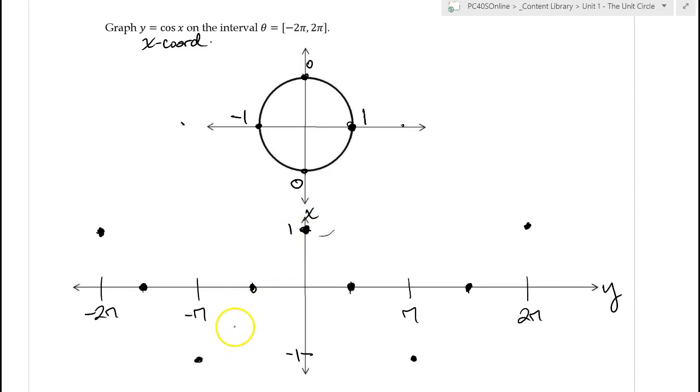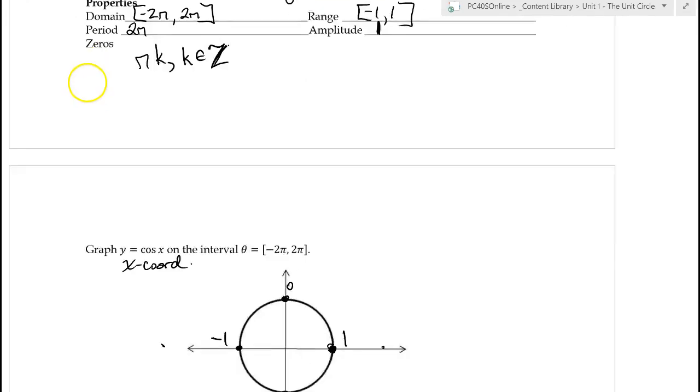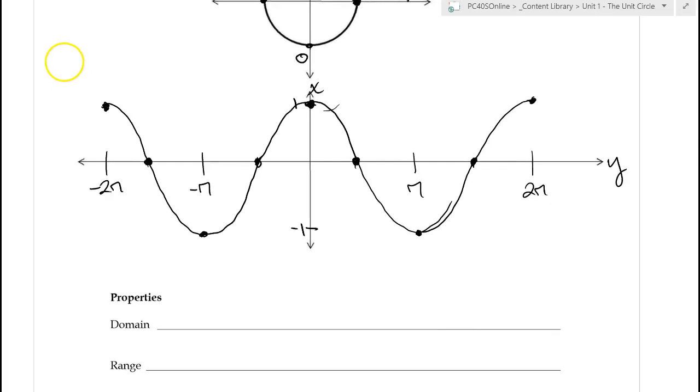Cosine's sometimes easier to draw than sine. There we go. So again, you'll see that same curved shape, just shifted over, starting at 1.